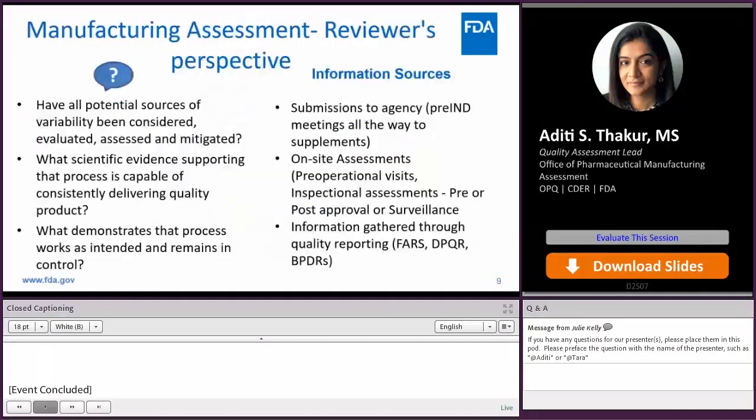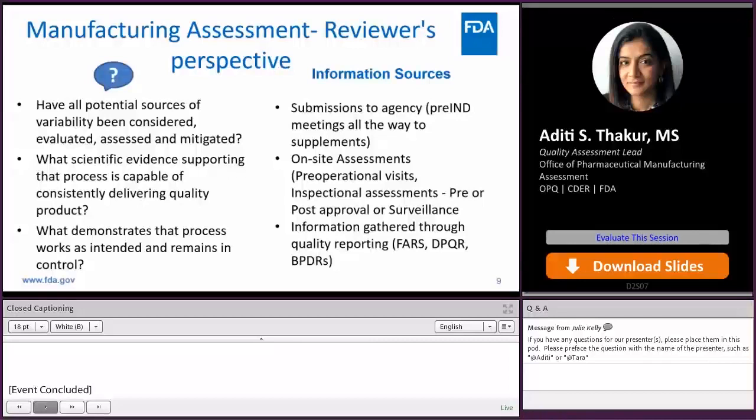To address these questions, FDA reviewers have information resources like submissions to the agency, which may include the pre-IND meetings all the way through the supplements, as well as on-site assessments like pre-operational visits and inspectional assessments like pre-approval, post-approval, or surveillance inspections.